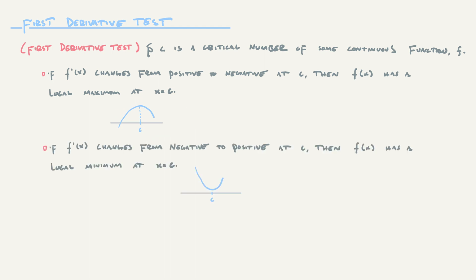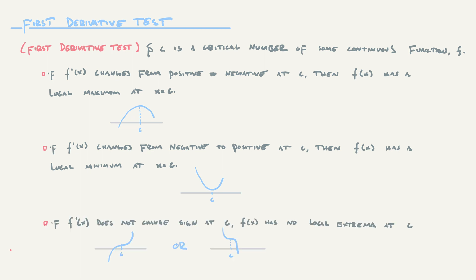And the opposite is also true, the opposite behavior. If f prime is negative and then crosses the x-axis at c and then becomes positive, then there's a local minimum at c. If it doesn't change its sign, then f of x has no local extrema, and you're looking at one of these situations, right?